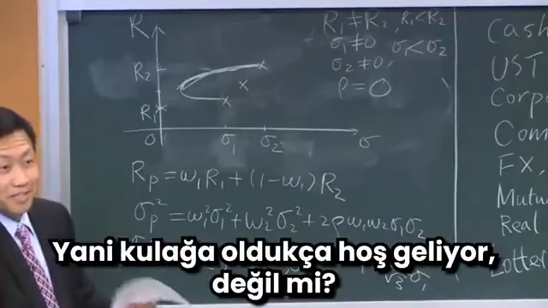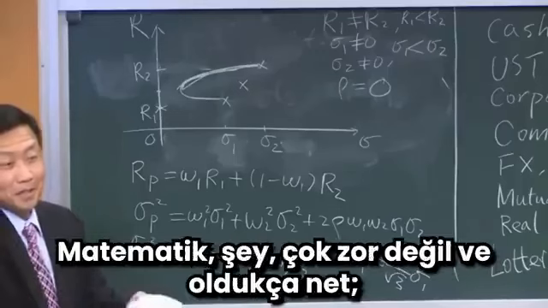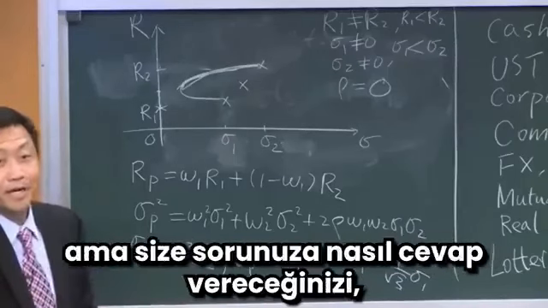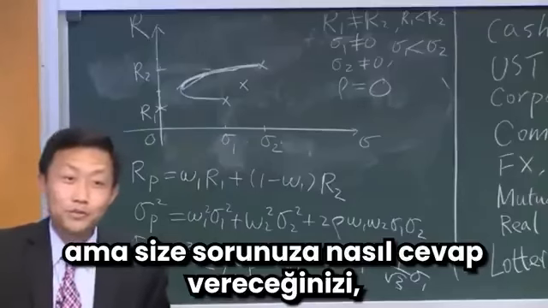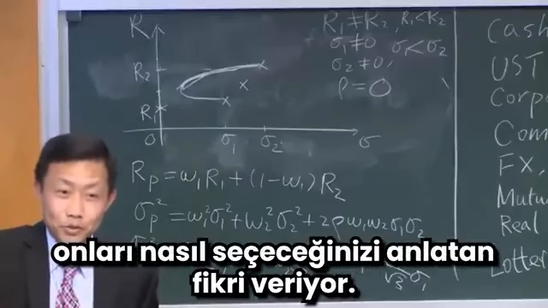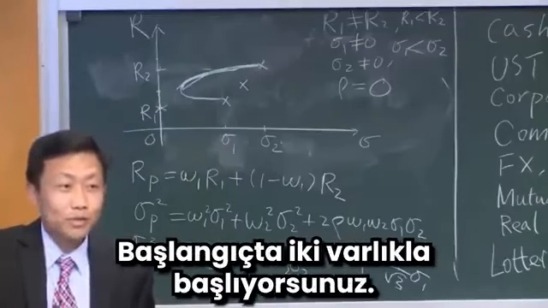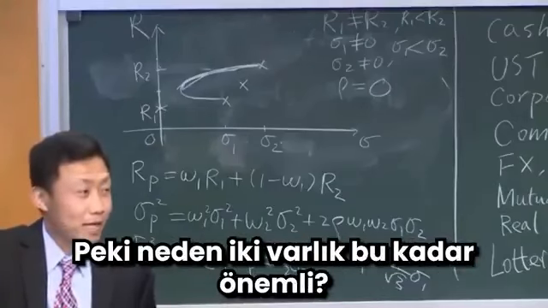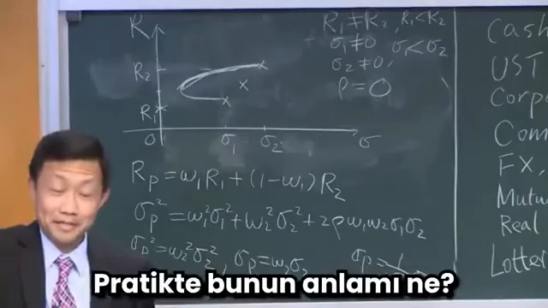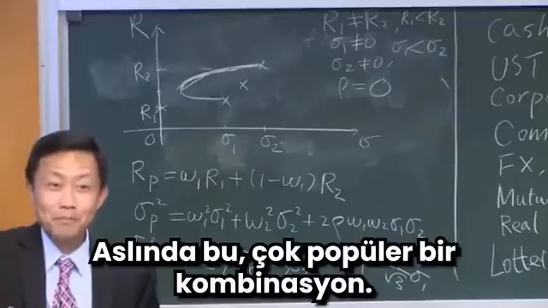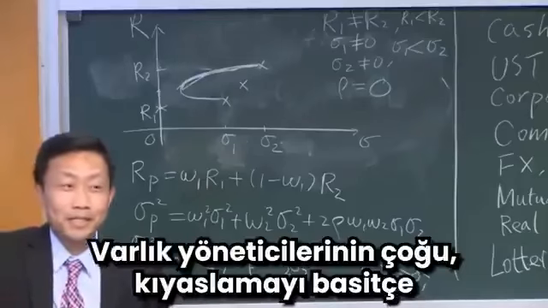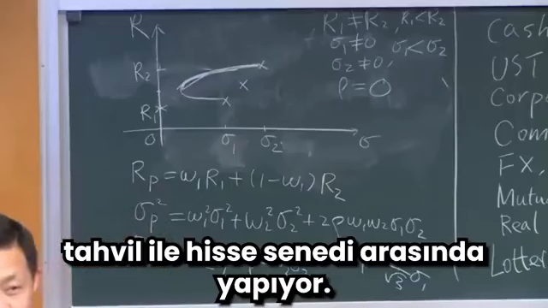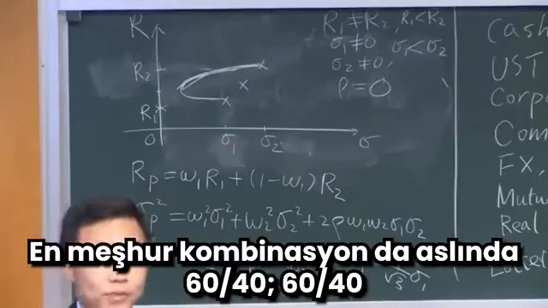So it seems pretty neat, right? The math is not hard and is straightforward, but it gives you the idea how to answer your question, how to select them when you start with 2. So why are 2 assets so important? What's the implication in practice? It's a very popular combination. A lot of asset managers simply benchmark to bonds versus equity.